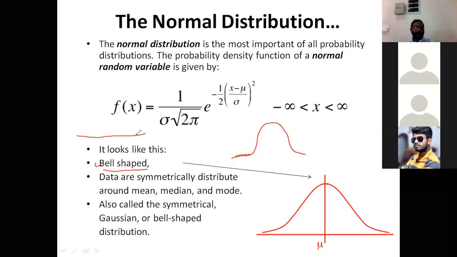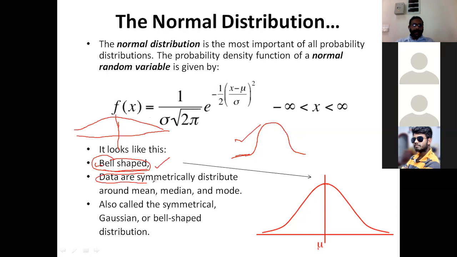For example, if you have a distribution like this, is it a bell shape? This may be symmetric, if you cut it here, but it is not bell shape. But here, this is bell shape. So bell-shaped is one of the important characters.